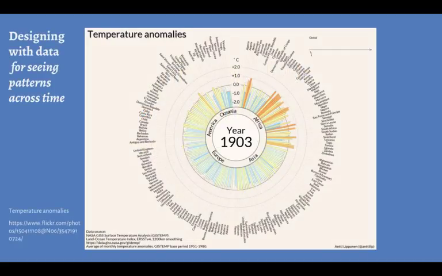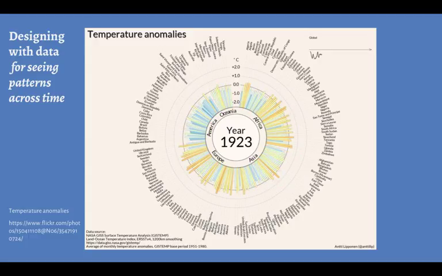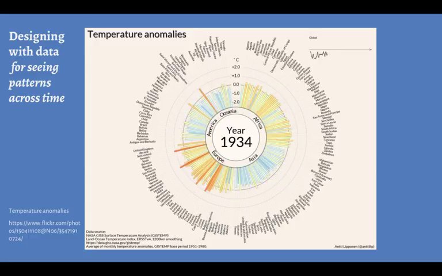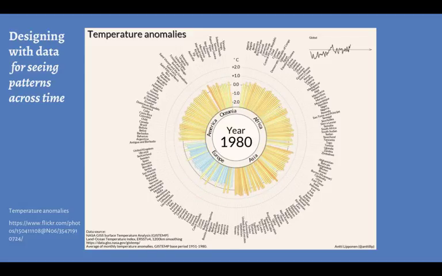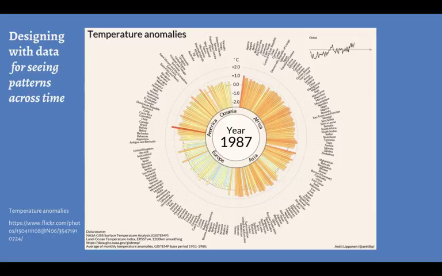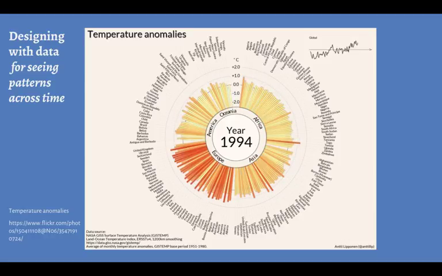This has been one of my favorite visualizations of late. This is done with data of climate change, specifically around temperature and temperature anomalies for every country over the past one century. So it starts from early 1900s, goes all the way till 2016.